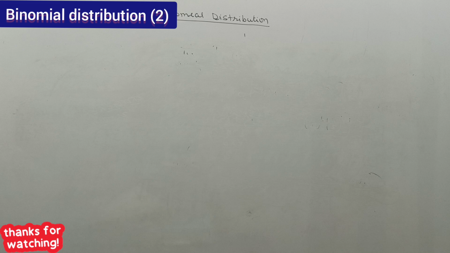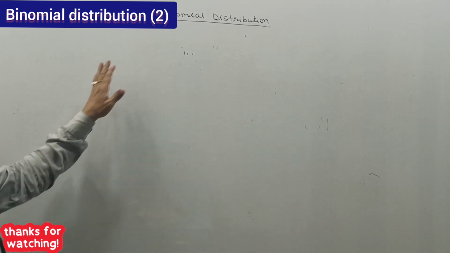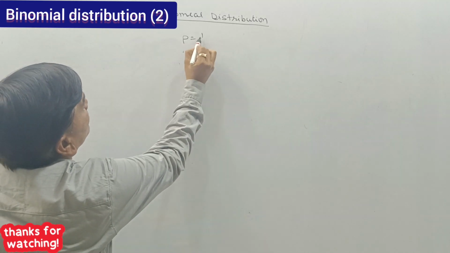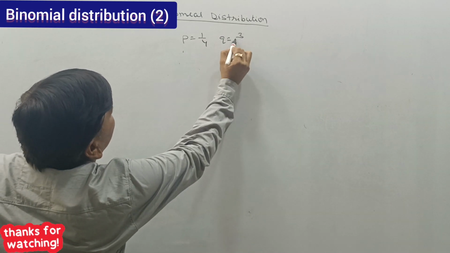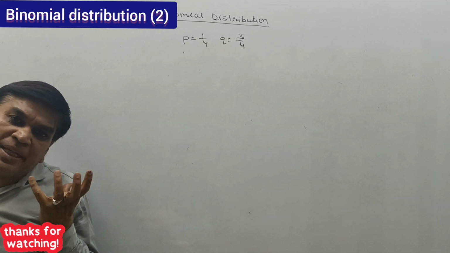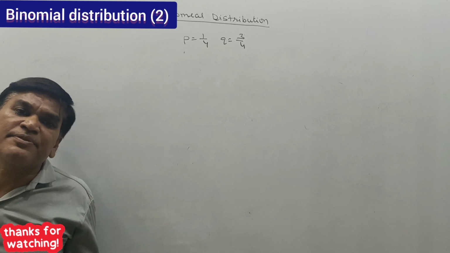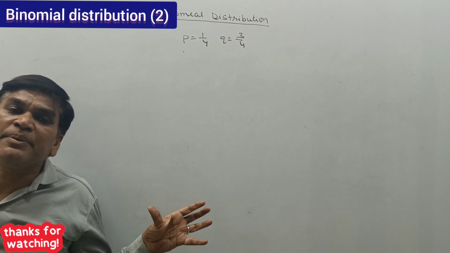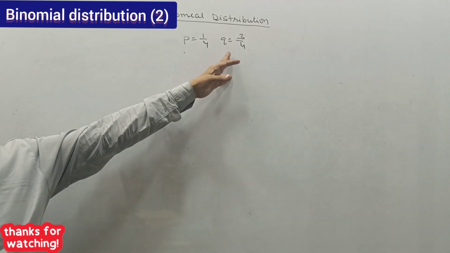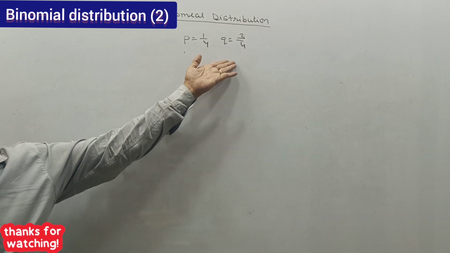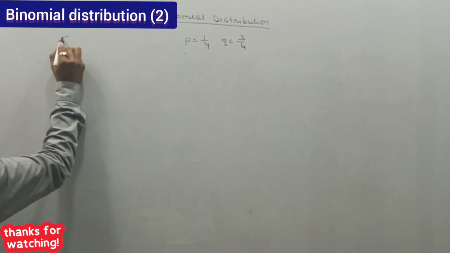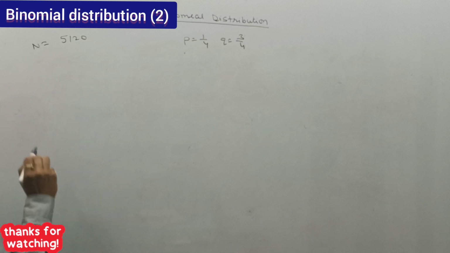What is the farmer saying? Of the seeds which he sows, 1/4 are destroyed and 3/4 are cultivated. They become a tree, etc. He sowed 5120 beds.